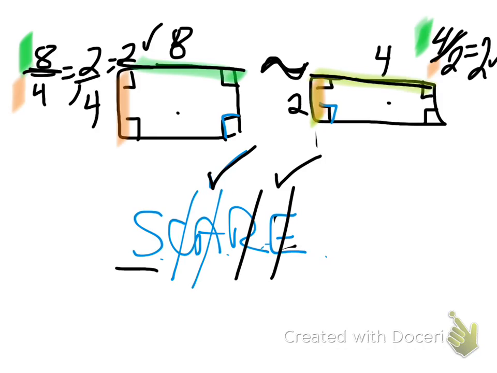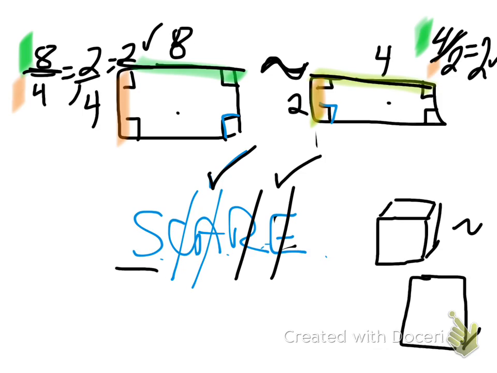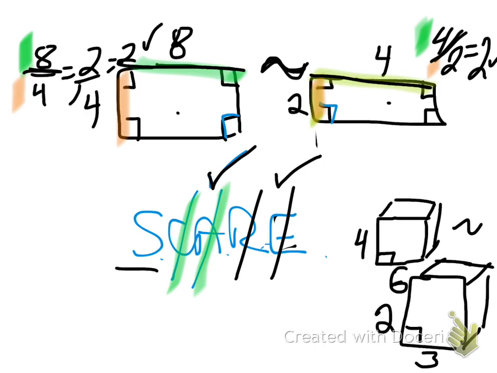So the same is true of three-dimensional figures. You can have similar three-dimensional figures. That can be similar to this bigger square box, if they have similar side ratios. Let's check. We know it's a square box. It's going to be all right angles. So we know in this case congruent angles, right?